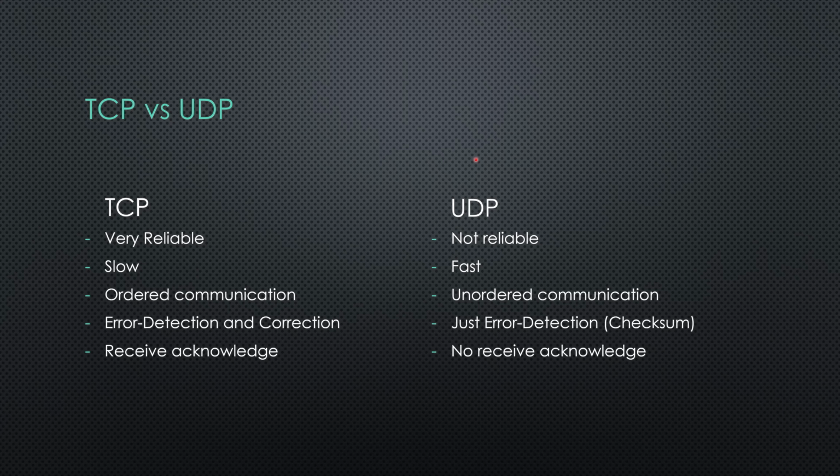UDP has just error detection, a checksum, so if there is an error in the packet, we're not going to accept it. With TCP, if there is an error in the packet, we ask to resend it so we can correct the error. TCP has a receive acknowledgment: as soon as the other system receives a packet, it says, oh, I got your packet. UDP does not have such a mechanism, we just spill packets out.